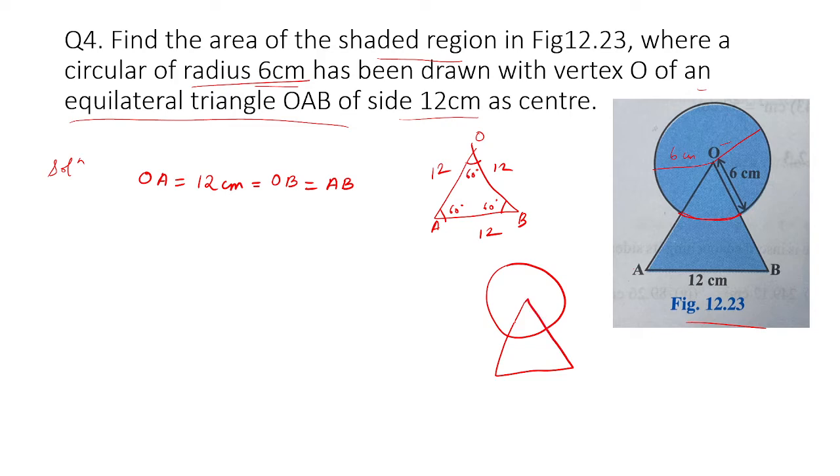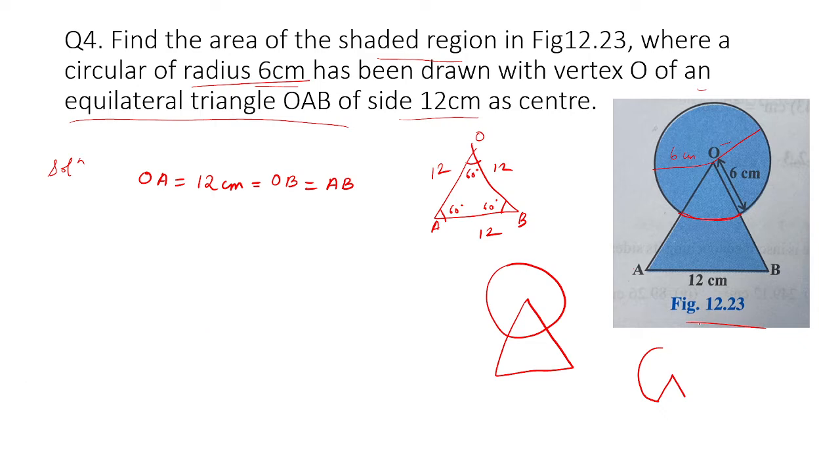Clear? And what happens is, if we take the area of a triangle and I subtract the sector from this given diagram, I'll be left with something like this, okay?